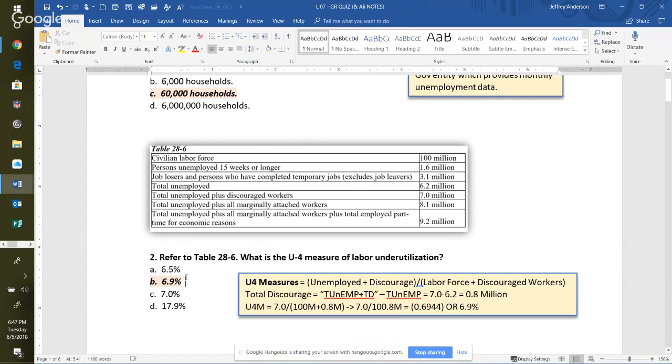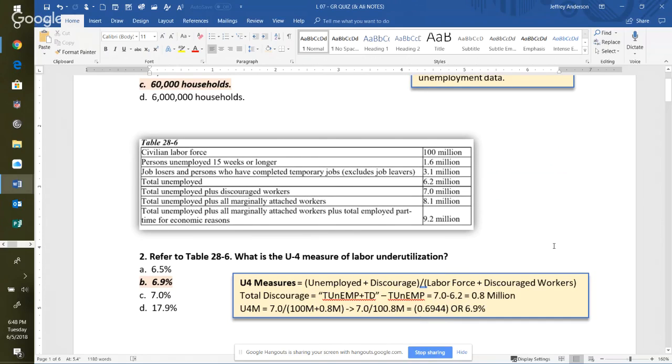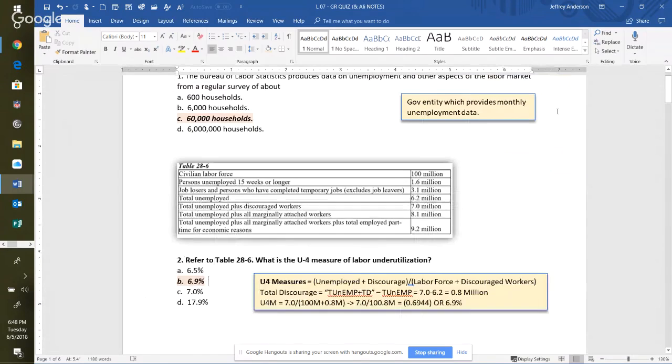Huh, all right. So I don't know if you want to do a screen capture or type out that formula. I actually did, yeah. I think so. The total discouraged, is that what's in the unemployed plus discouraged? Is it that value there? Yeah. Oh, geez.